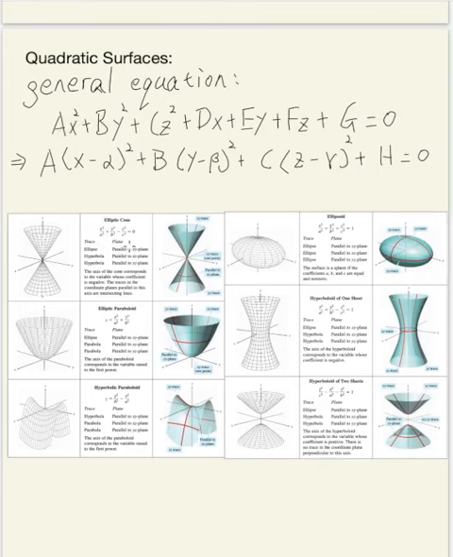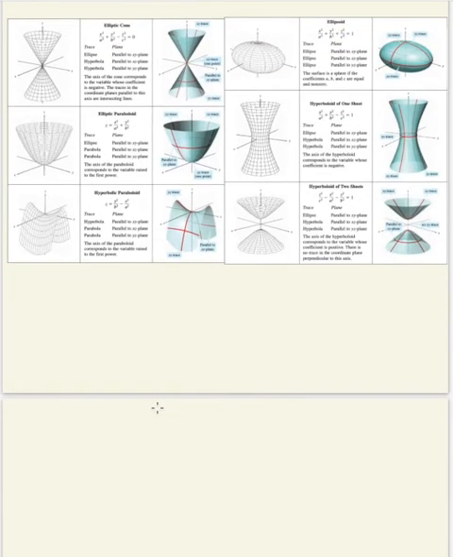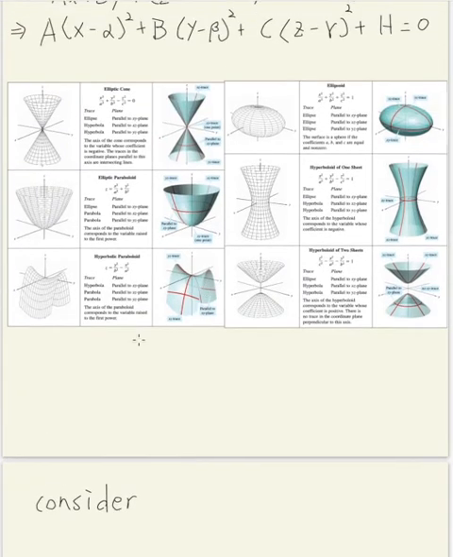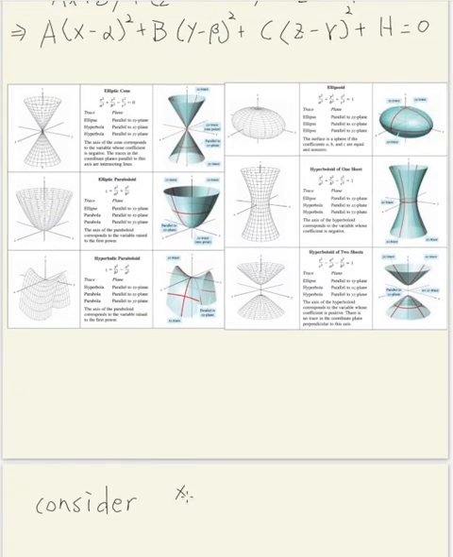All right, now suppose we have the surface x squared divided by a squared plus y squared divided by b squared minus z squared divided by c squared equals 0.